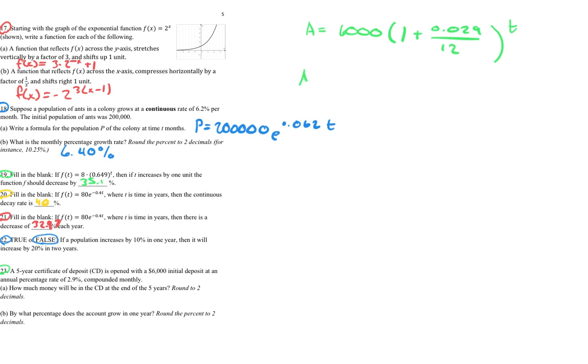So we're evaluating this after 5 years, which is 12 months per year, and we have 5 years. So that's actually going to be 60 there. It's going to be equal to 6,000 times 1 plus 0.029 over 12 to the 60th power. And then from here, if we plug this in, we get that our amount after 60 months is going to be equal to 6,935.02.